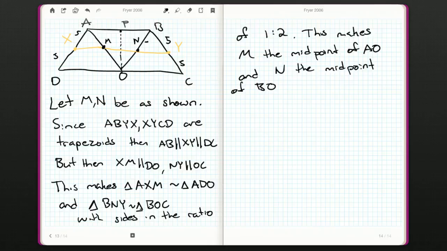So we get a 5 here, and a 5 here. We still have 12 here and 12 here. Still have a 6 up here and a 6 up here. Okay. All right. So we know M and N are midpoints.